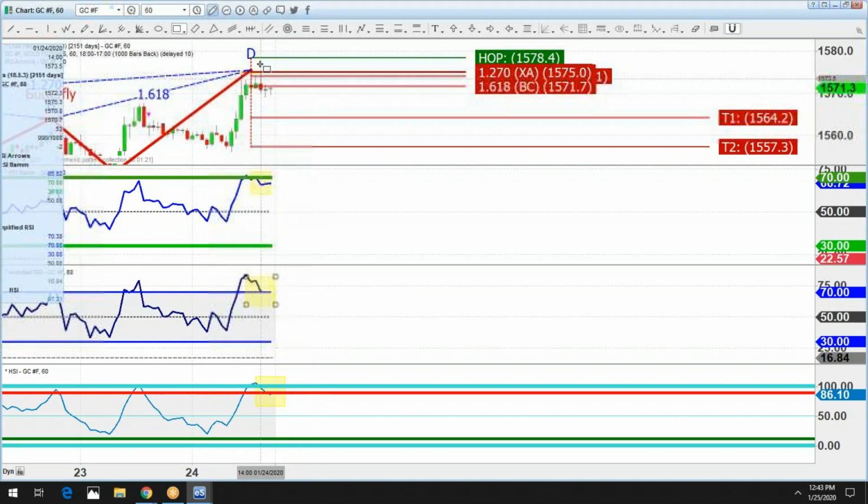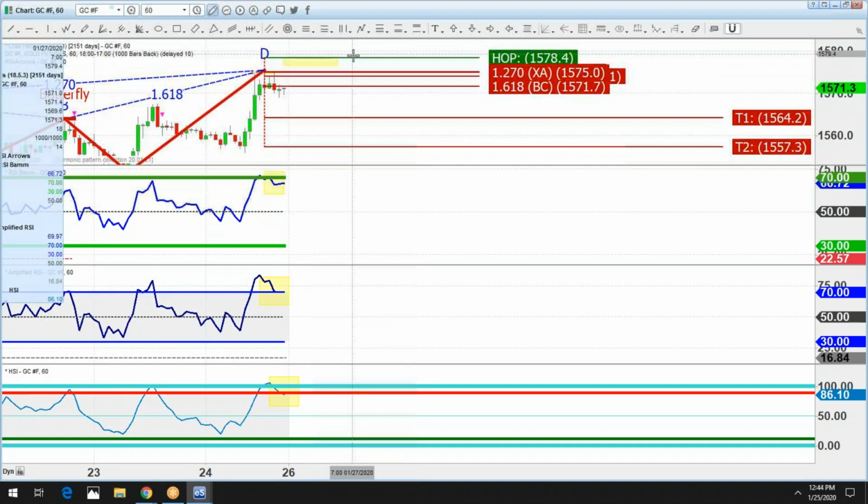And we would favor that up closer towards this hop level, which is at 1578, versus looking at that at 1575. That's about $3, almost $3.50 difference in terms of where our entry for the position off the pattern is.